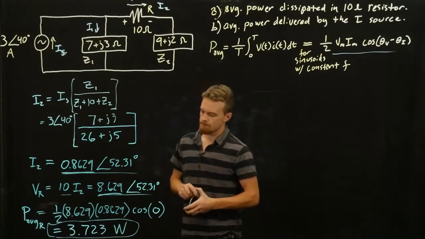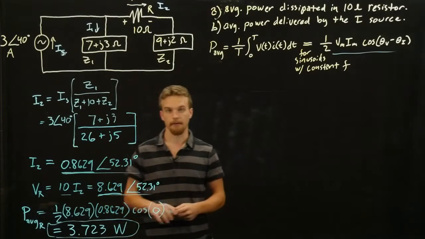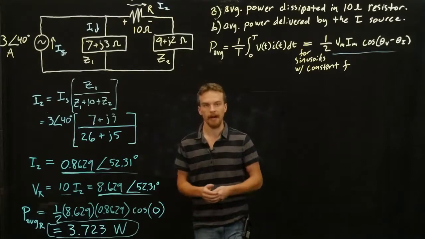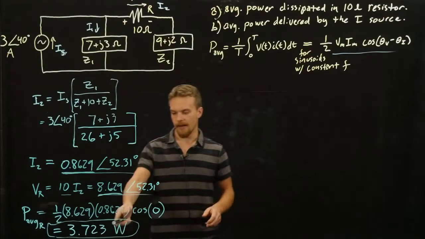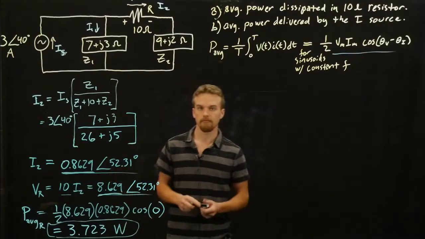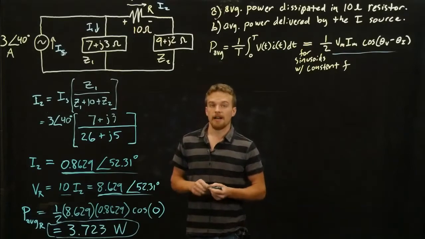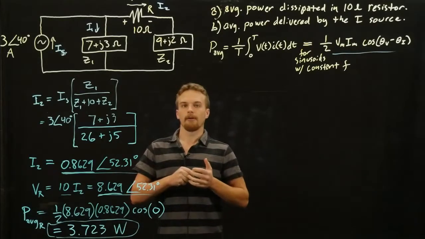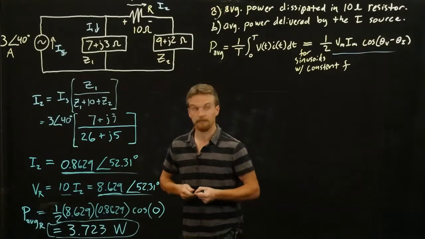That tells us, indirectly, that we always have entirely real power in a resistor. We'll never get a power that has some phase angle. The same is not necessarily true for when our load is complex. So we'll do that now.